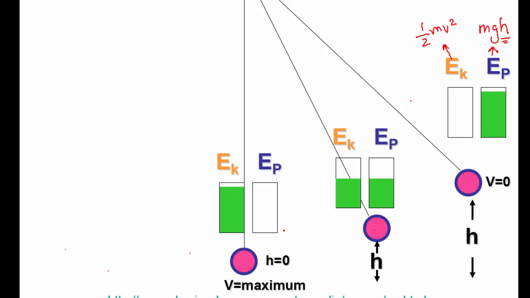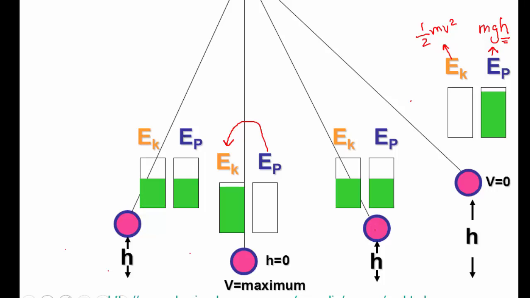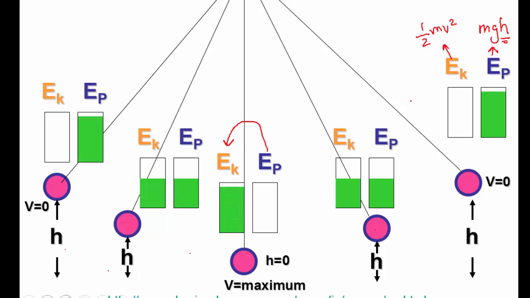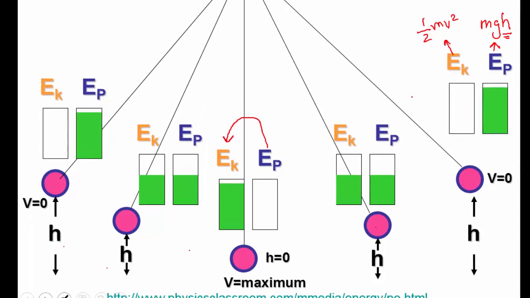Then it starts elevating again, gaining height, and hence the kinetic energy will now turn into potential energy until it reaches its maximum height at the other side of the swing, and so on. It will continue alternating between potential and kinetic.